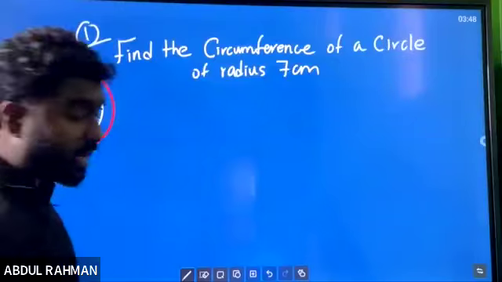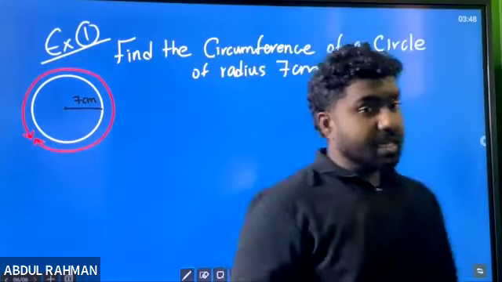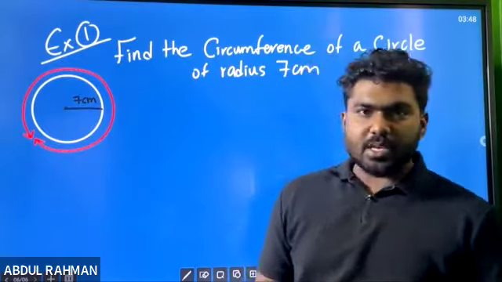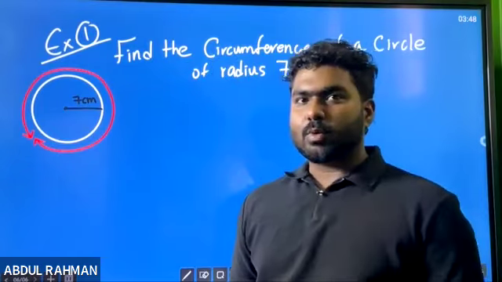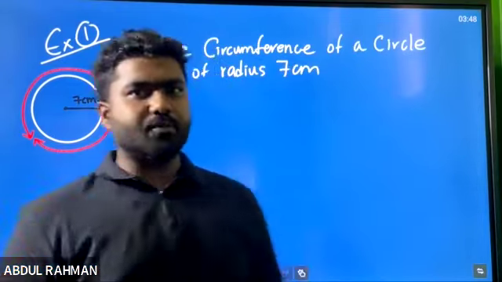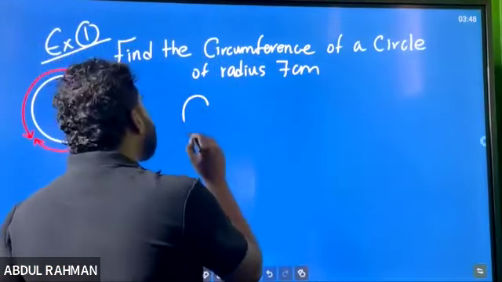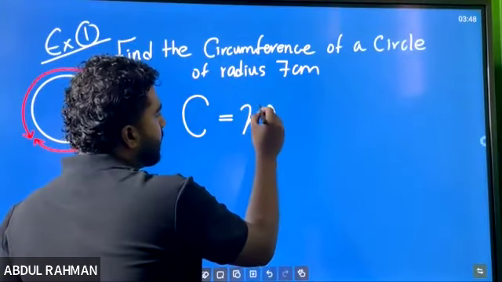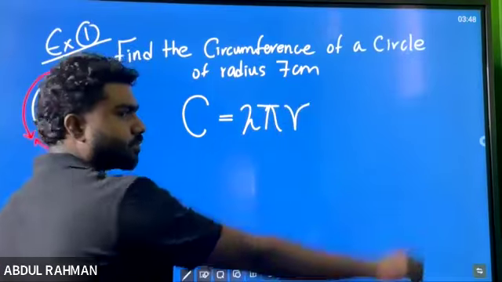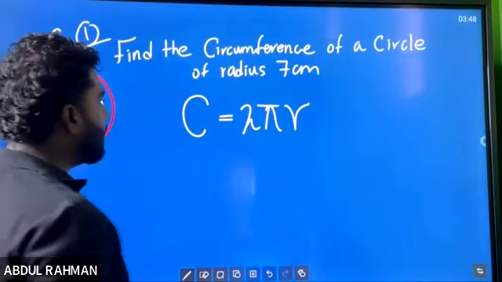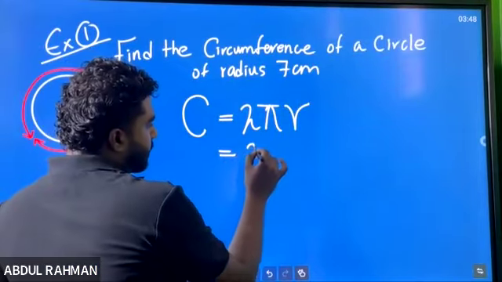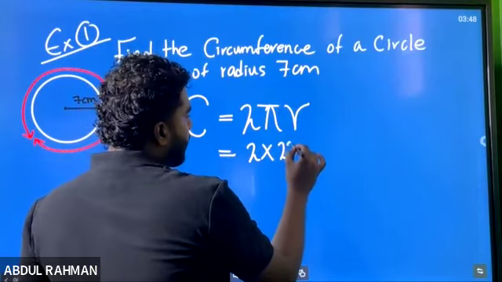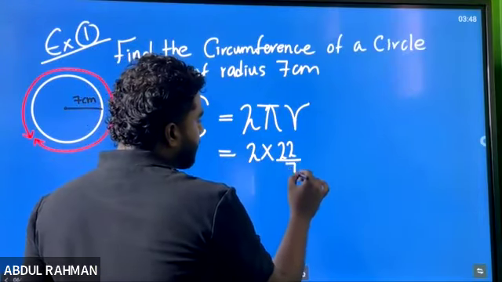Now you are going to find this out. How can you find this out? What is the equation? What is the alphabet I'm using for circumference? C is equal to 2 pi r. Substitute 2 multiplied by, what is the value of pi? 22 over 7.